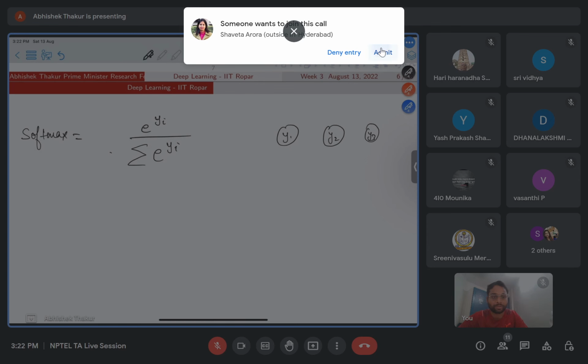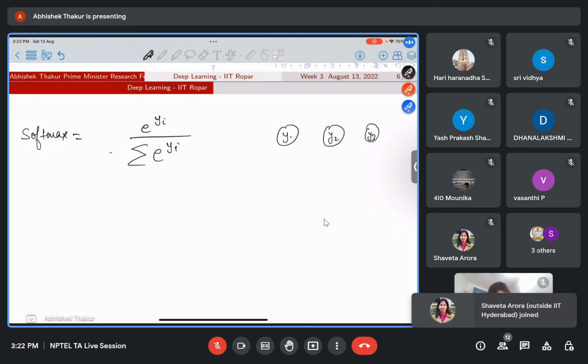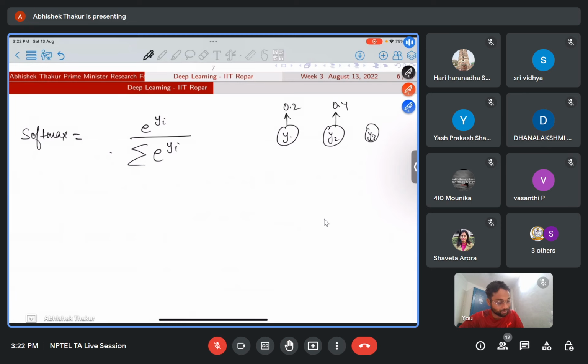Still some people are joining. So let's suppose we have three neurons in the output layer. When you apply the softmax function, let's suppose the probabilities are 0.2, 0.4 and 0.4.